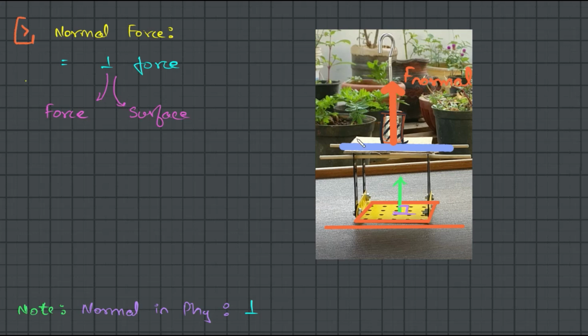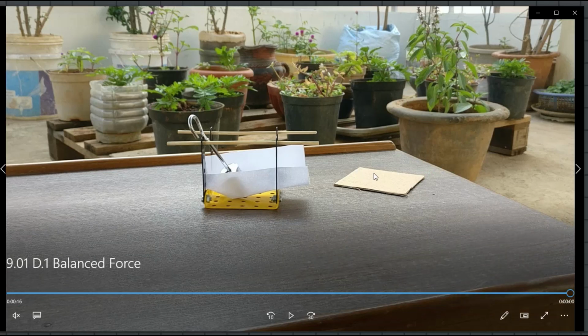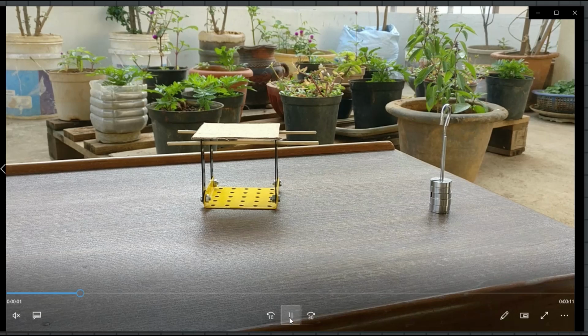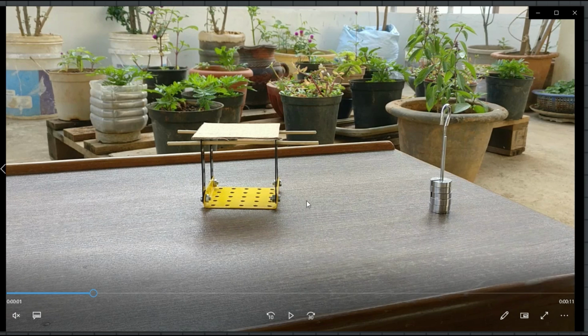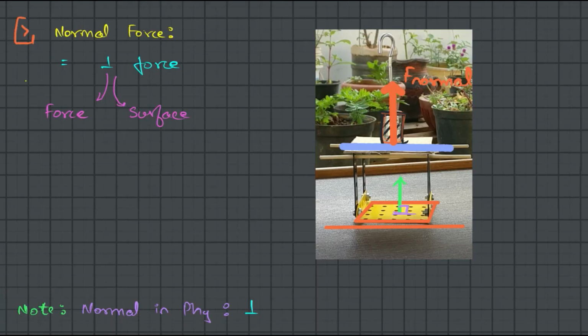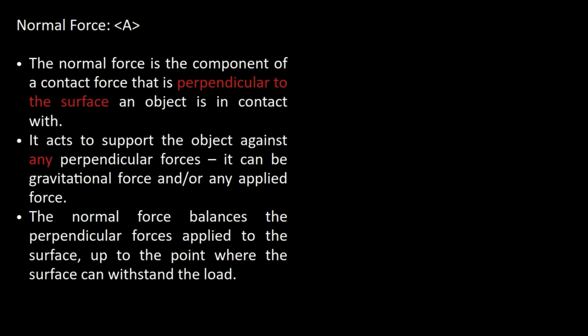For example, over here, in the case wherein it was balanced, instead of this small weight, maybe if I had kept a pot, I'm sure things would not have been this. Somewhere along this structure, it might have given up. Okay, so that is one point.